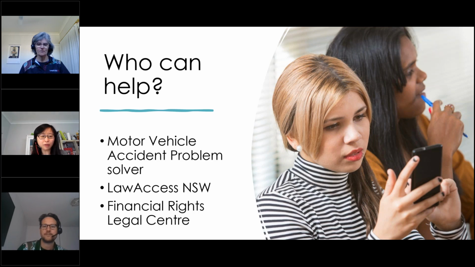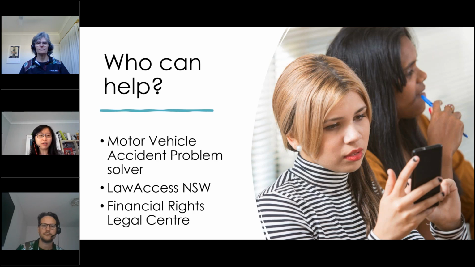Yep, sure. So our motor vehicle accident problem solver, it's a bit of a mouthful, but it's essentially for people who are involved in car accidents. They might be insured, they might have third-party property insurance, or they might have comprehensive insurance, and they need to go through the decisions around, are they at fault? Should they lodge a claim if they're insured, or is it better not to lodge a claim?